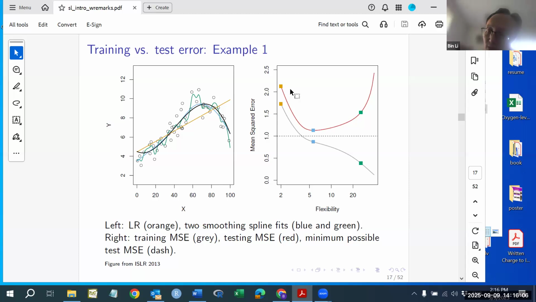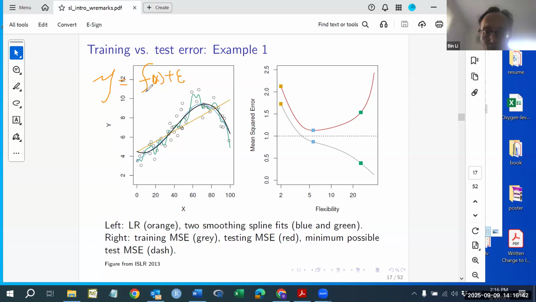Okay, behaviors. So the training error and test errors behave very differently on the models. So let's see example 1. In all 3 examples, I use the solid black curve to show the true F. Here the response Y is generated by F(X) plus epsilon.